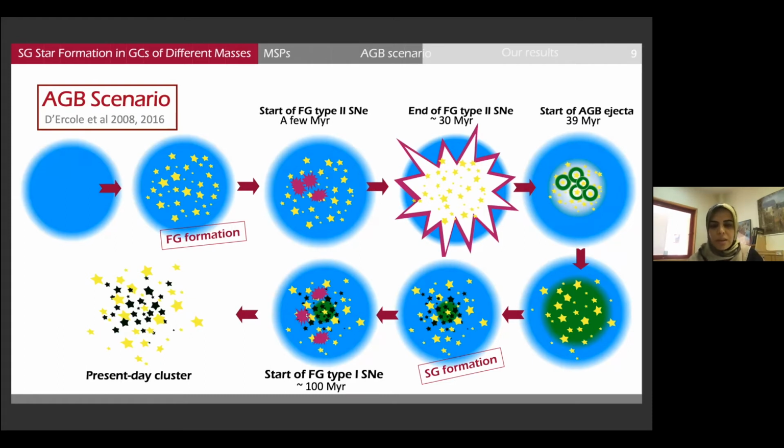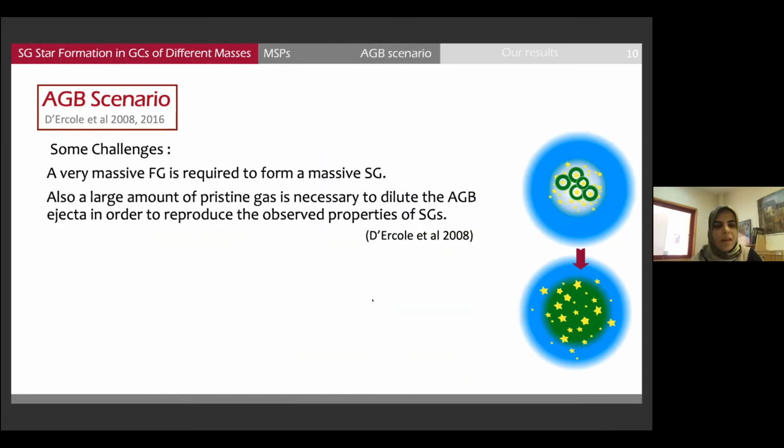As I said, the AGB scenario suffers from some challenges, like the other scenarios. For example, a very massive first generation is required to form a massive second generation. And of course, a large amount of pristine gas is necessary to dilute the AGB ejecta in order to explain the observation.